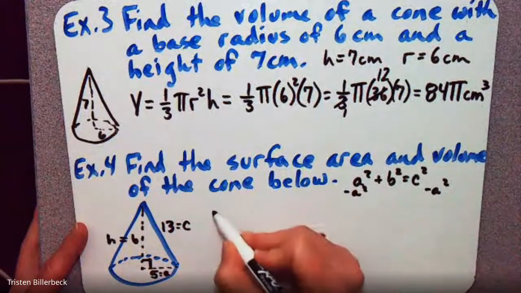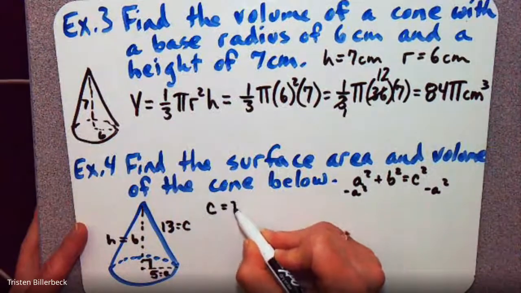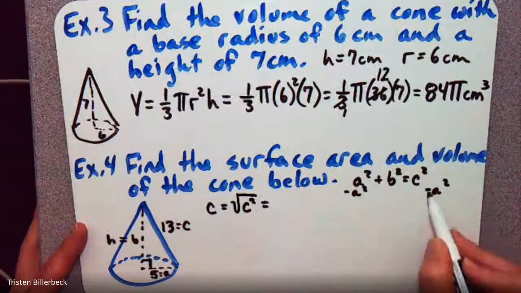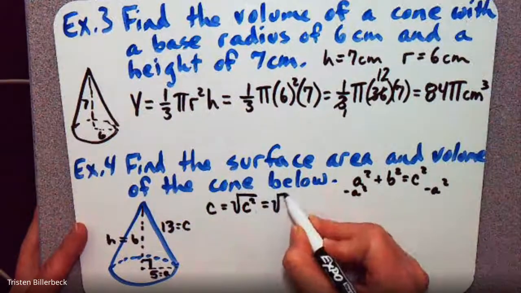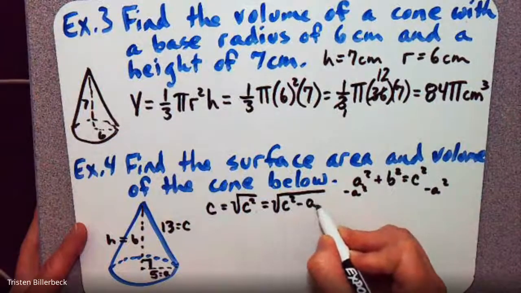Okay, so this gives us B squared equals C squared minus A squared. So we'll just put that into the square root.